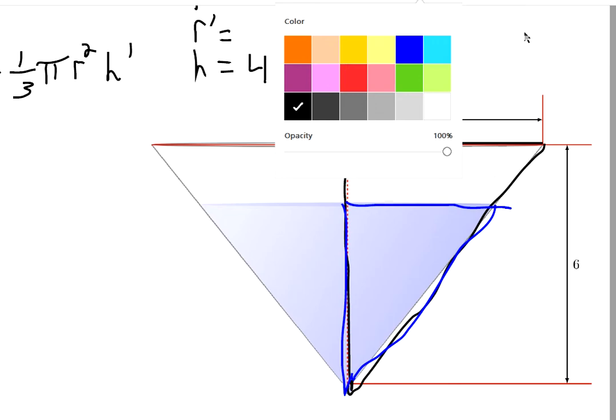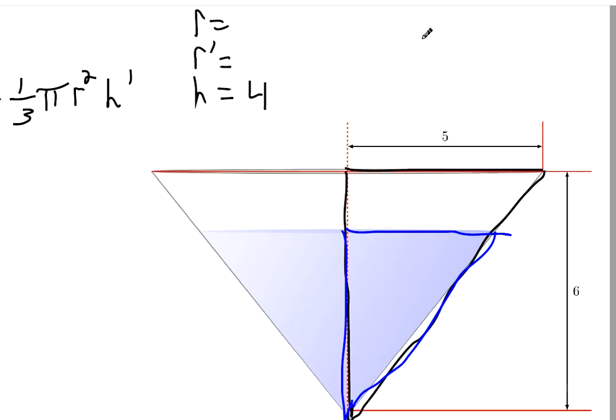What we can say is that the big radius divided by the smaller radius should equal the big height divided by the smaller height. The ratio of the corresponding sides should equal each other in similar triangles.